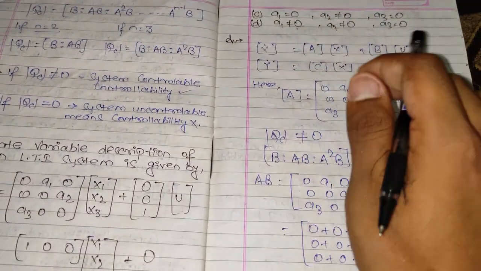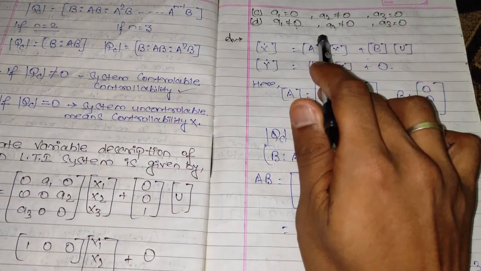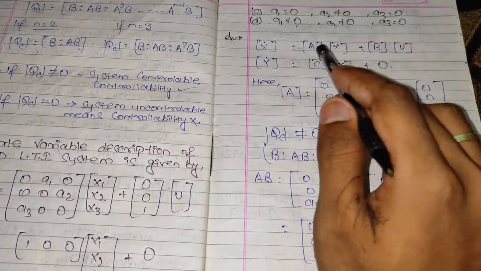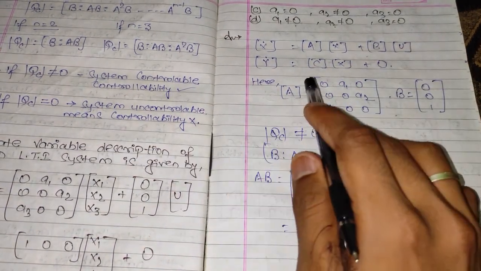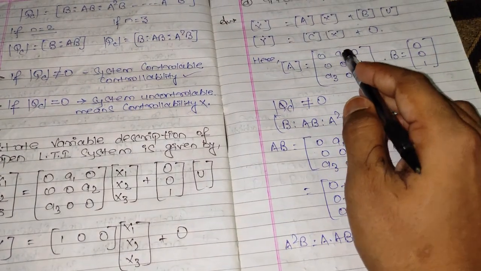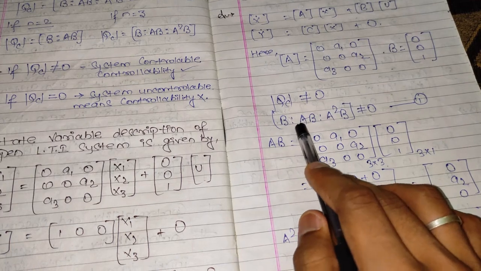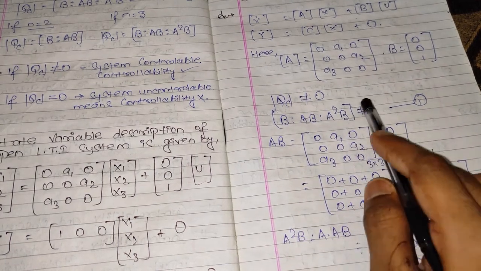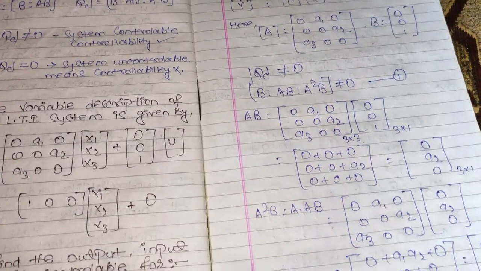Here the number of state variables is 3, so we find the controllability up to A square B, and it should not be equal to 0 because the system is controllable. We only find the condition for that.